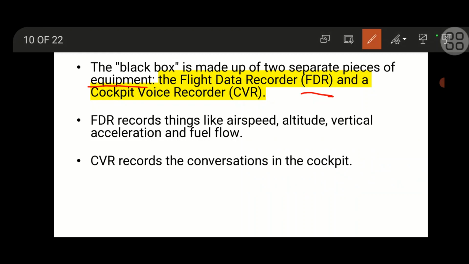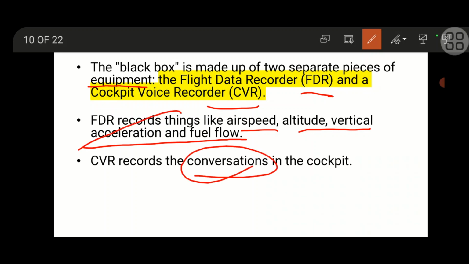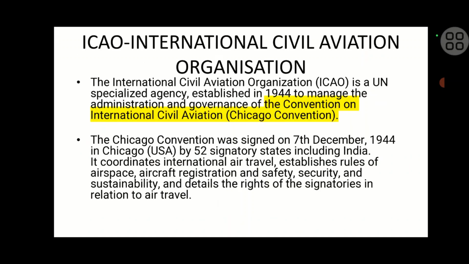One is FDR, flight data recorder, and another one is CVR, cockpit voice recorder. FDR records things like airspeed, altitude, vertical acceleration, fuel flow, etc. CVR records the conversation in the cockpit.